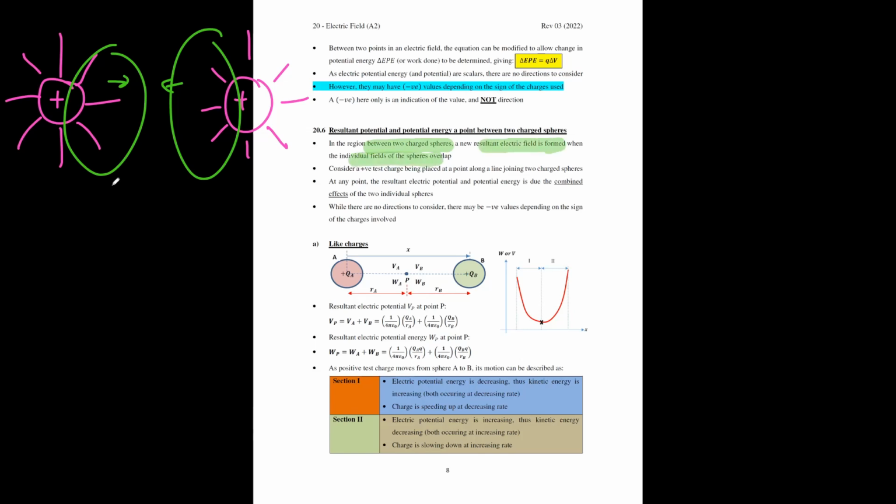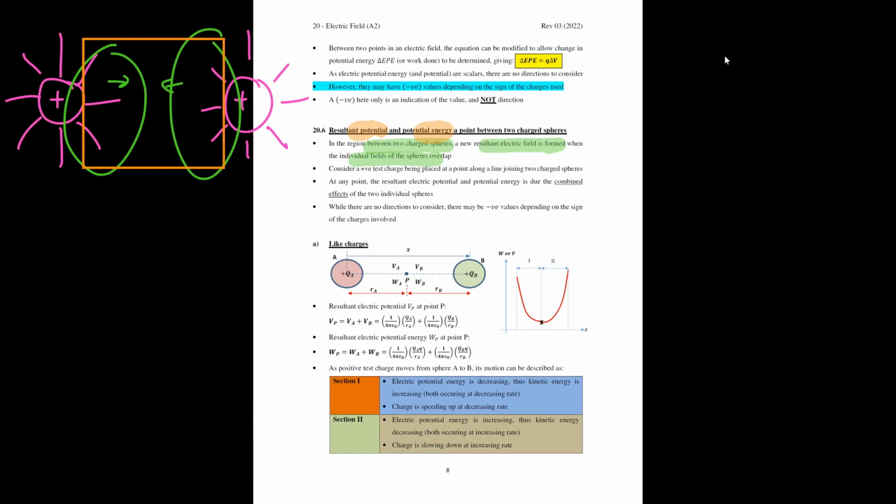For the new resultant electric field between this region here, in the previous lesson we talked about finding the resultant electric field strength as well as the resultant electric force there, right? So now we want to find out the resultant electric potential energy as well as the resultant potential at that point where you have a new field set up, okay?